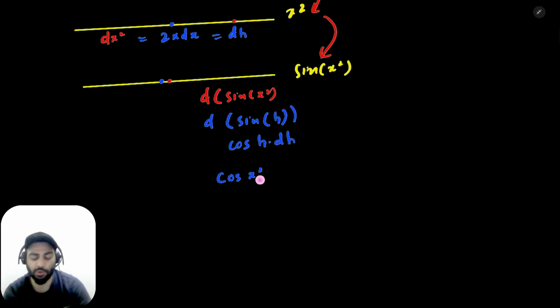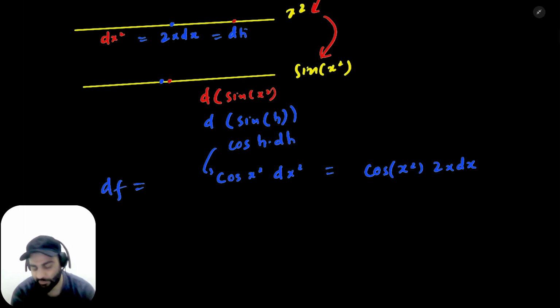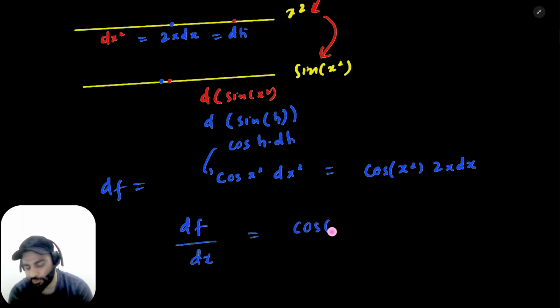For dh, I know that this is equal to d of x square, which is 2x dx. Is it clear? Yes, sir. So this was the change in f, df. Now I can write df by dx is equal to cos of x square dot 2x. So this is the value.